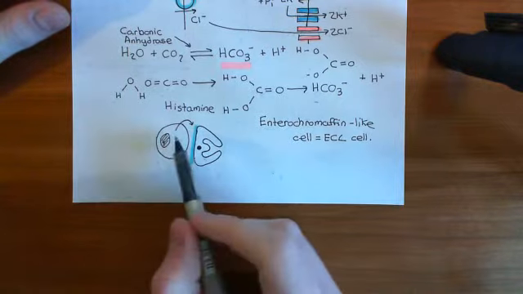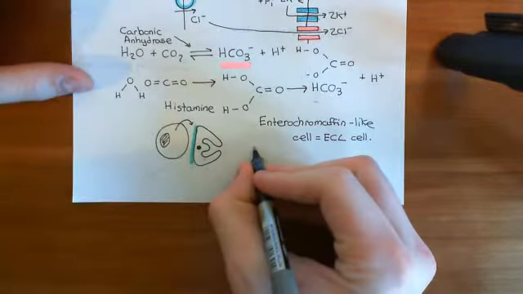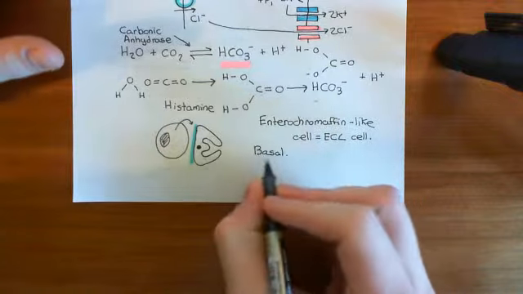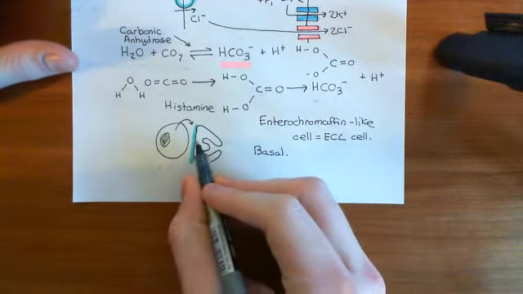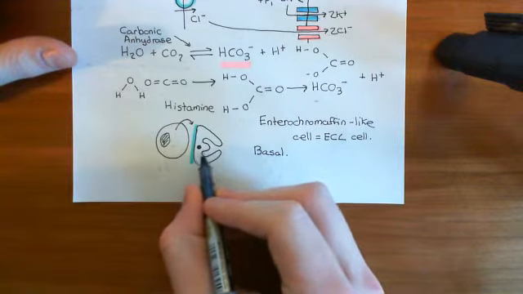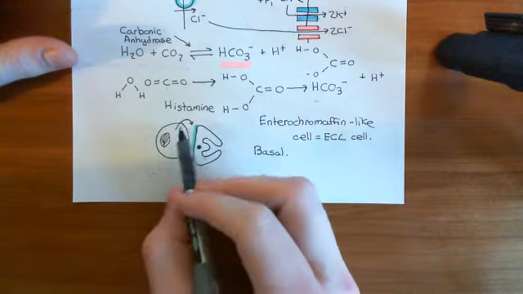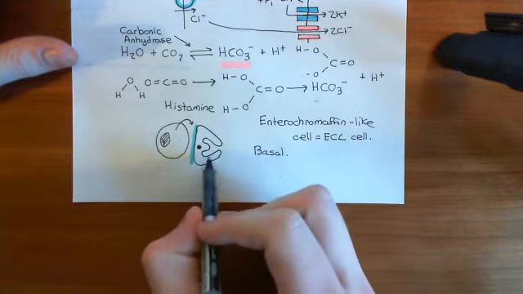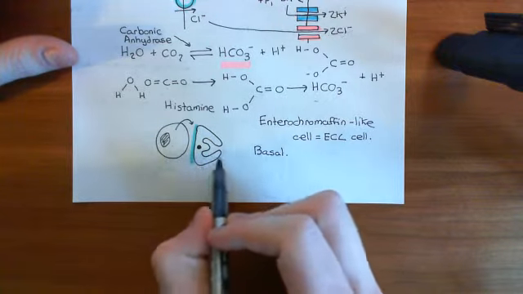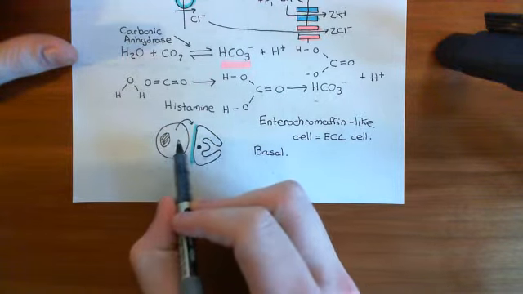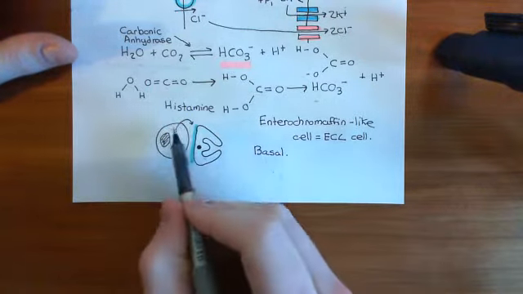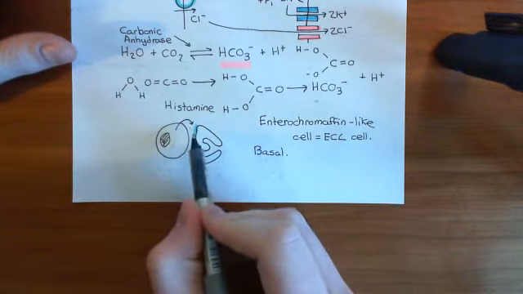Okay, so these enterochromatin-like cells release a basal level of histamine, okay, so they're always secreting a little bit of histamine. And basically, the histamine is what tells these parietal cells to always secrete a little bit of hydrochloric acid. So the amount of hydrochloric acid the parietal cells secrete is proportional to the amount of histamine that they receive.